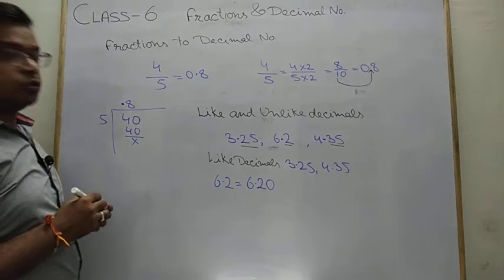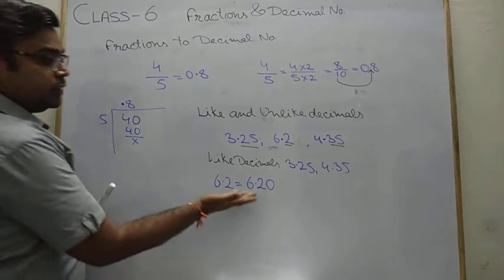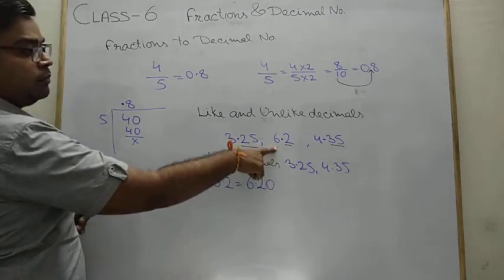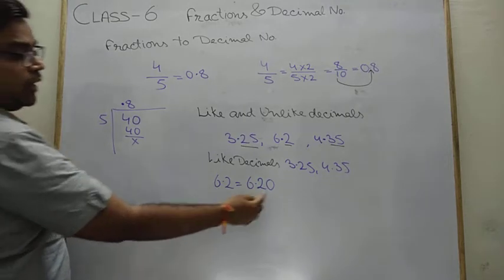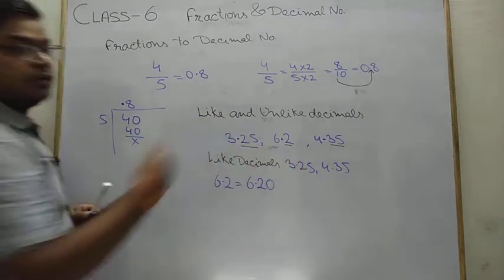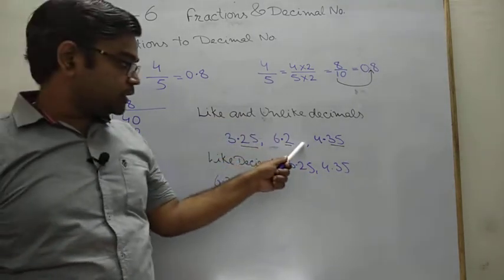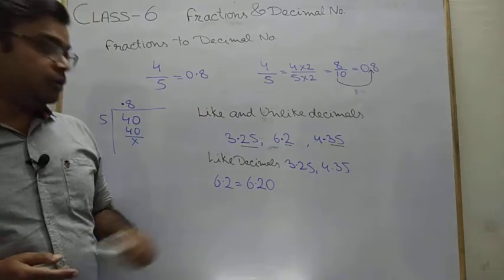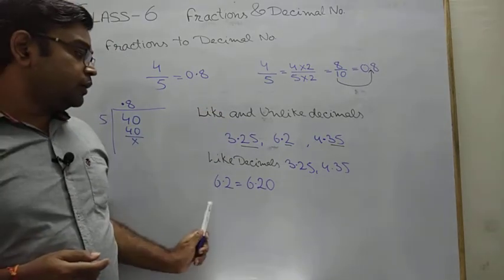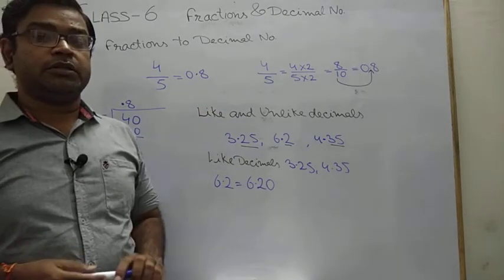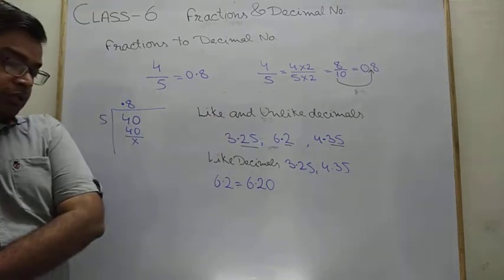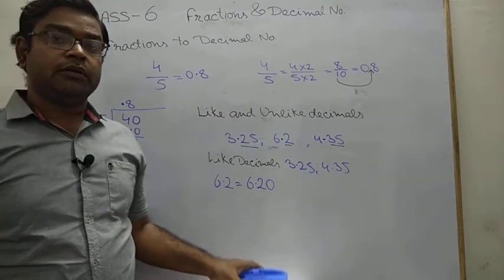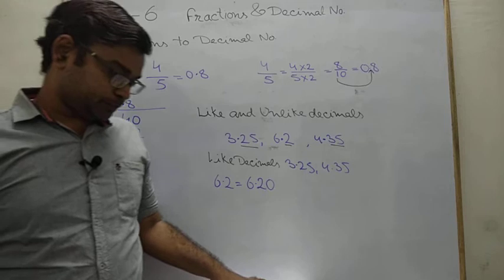So to make these numbers like decimals, we add 0 after the digits where the number ends. So this is your conversion to like decimals. These topics we will discuss in our practice session.